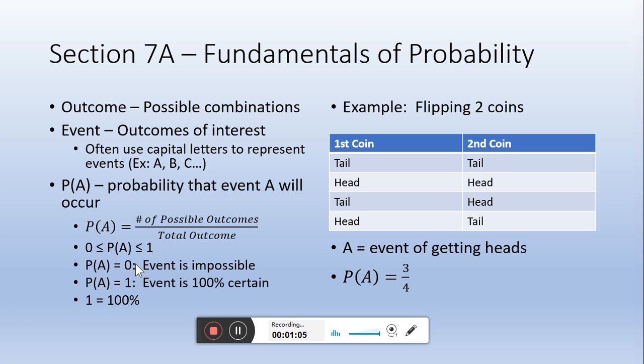A probability of 0 basically means that the event is impossible to happen. So for example, what is the probability of you going to a grocery store and finding a rainbow-colored banana? Basically 0. A probability of 1 means that the event is 100% certain to happen.